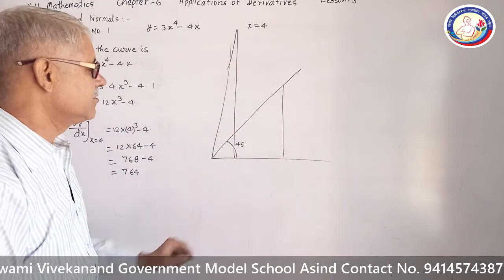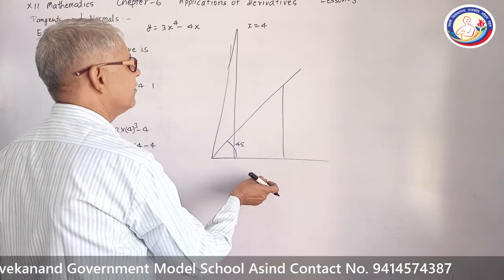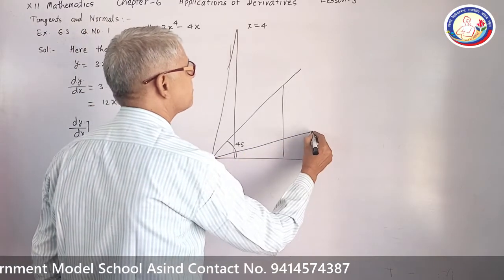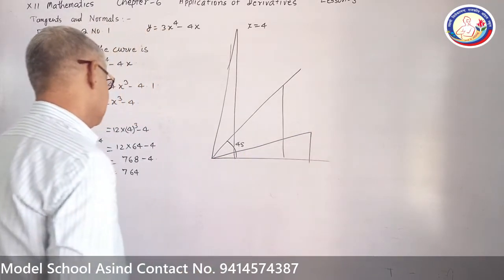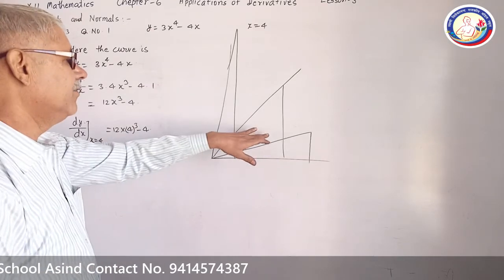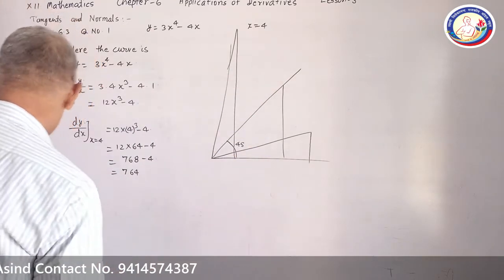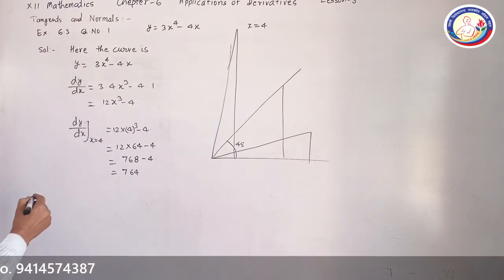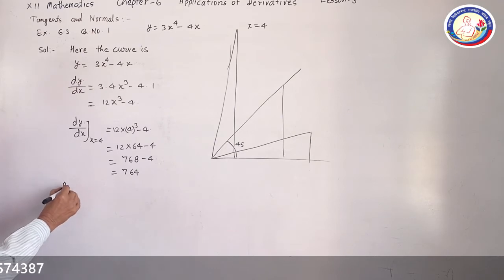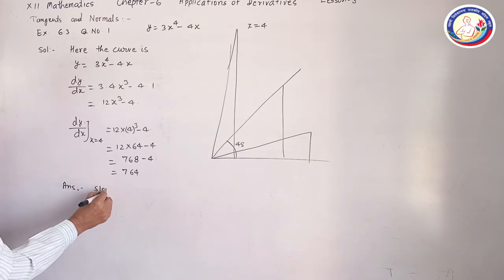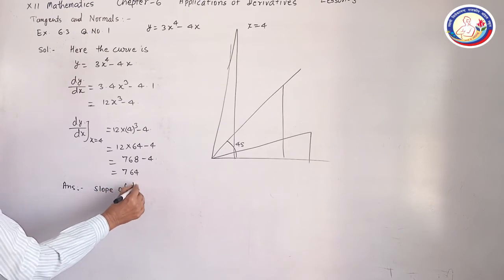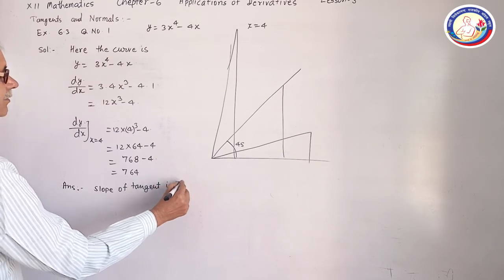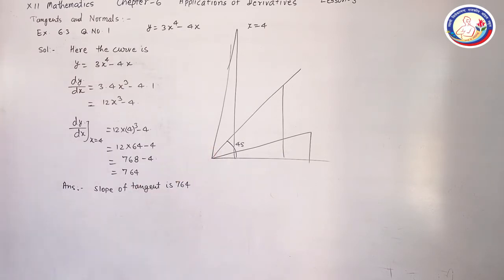And if the slope decreases, the angle will also decrease, and it will be smaller and smaller. After 45 degree, it will increase with very high speed. So this is the answer. The slope of the tangent is 764. Required slope is 764.